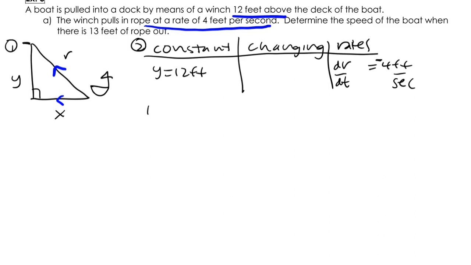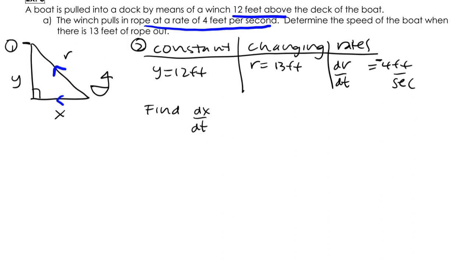Determine the speed of the boat. The boat is traveling on the water, so that's dx dt. Here's a changing value because it's not always at this moment, but when there's 13 feet of rope out, I'm sorry. So we want to find the speed of the boat when there's 13 feet of rope. Where is the rope? The rope is R.